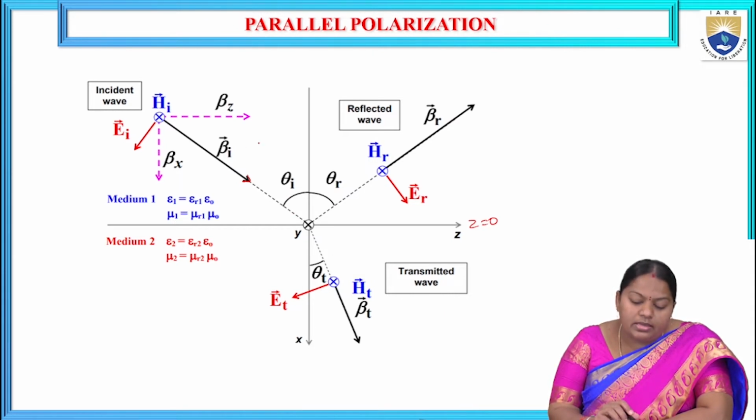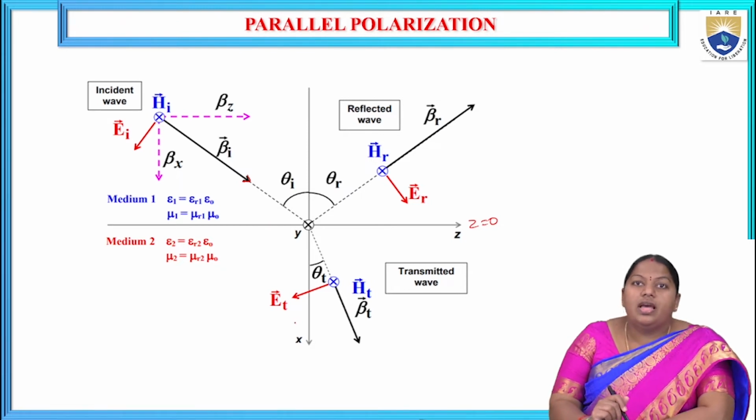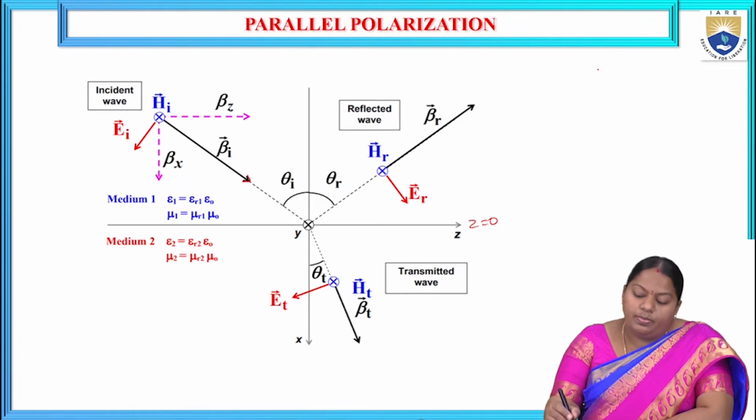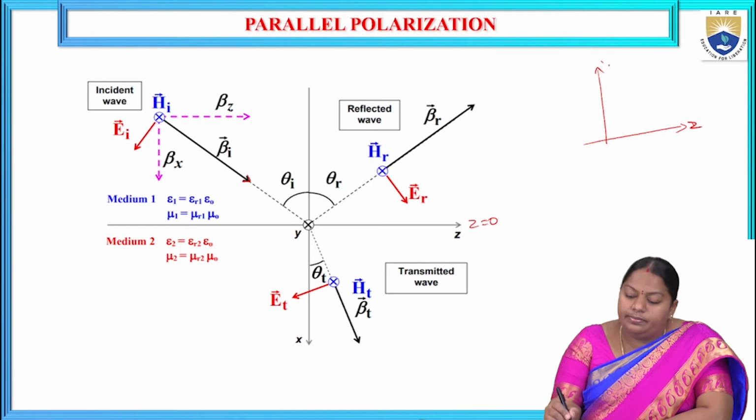Where beta I gives us the phase constant representation for the incident wave, as well as the reflected wave and transmitted wave. And in order to analyze this parallel polarization, as we have considered in the case of perpendicular polarization, here also the plane we are going to consider is the XZ plane only.